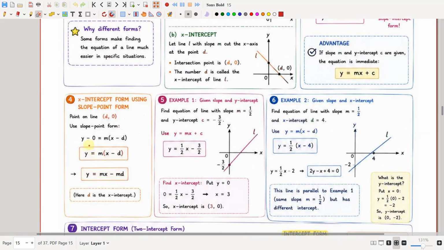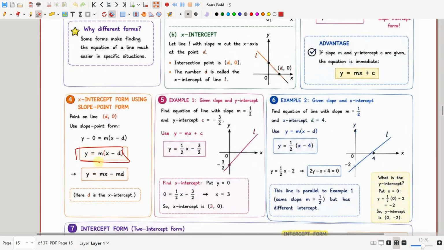Therefore, my slope point form, y minus y naught is equal to m into x minus x naught, will become y minus 0, and the x-intercept point is d, so m into x minus d. So y minus 0 is y, so y is equal to m into x minus d. So y is equal to mx minus md.